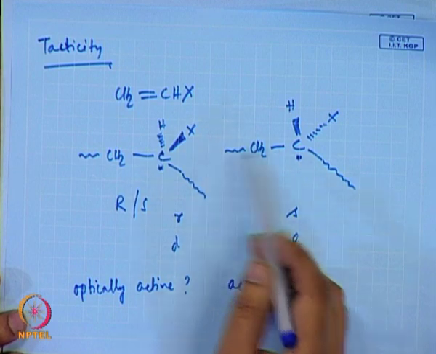So, what if you add the next monomer, what would be the arrangement now?